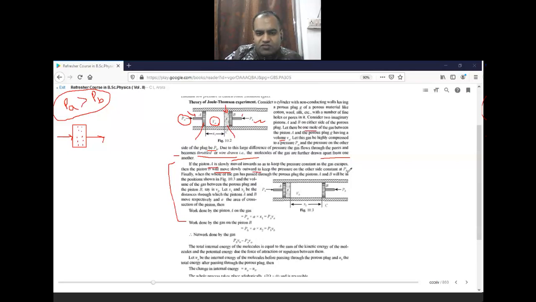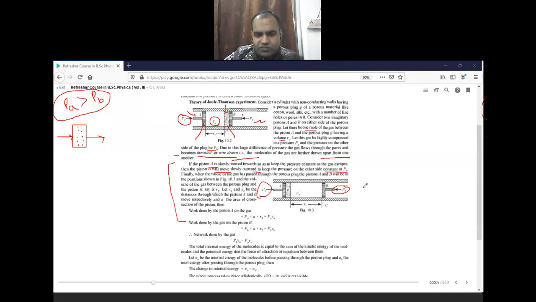If you move the piston very slowly, the piston on the other side will also move outward, and the pressure PB, the pressure to which piston B is subjected, will also remain constant.